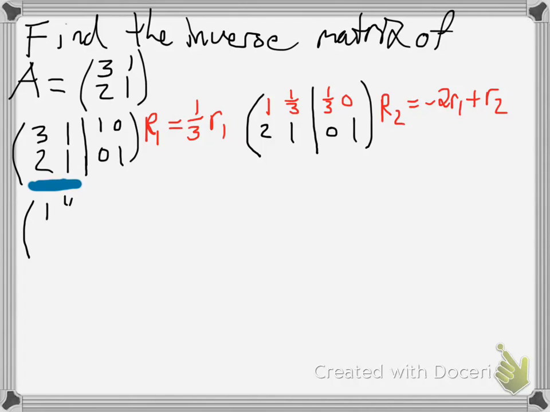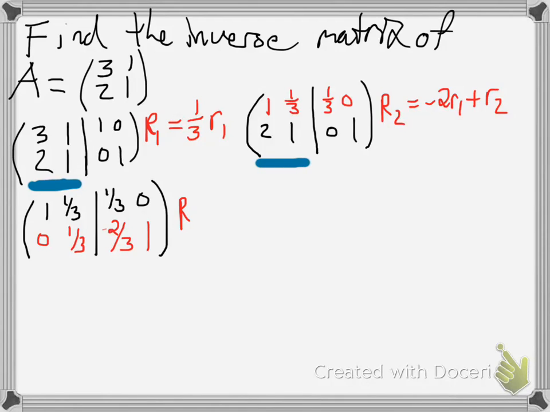I'm going to go ahead and write this out. The top row is unchanged, and it's the bottom row that's going to be changed here. I'll write it all out, then I'll mention what happened, as I have a hard time writing negative 2/3.